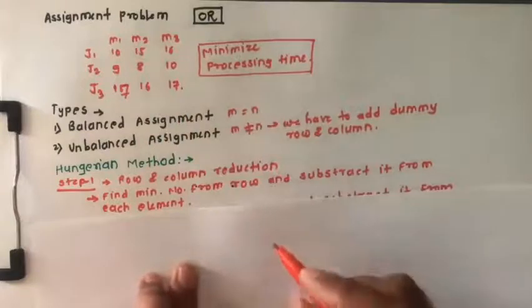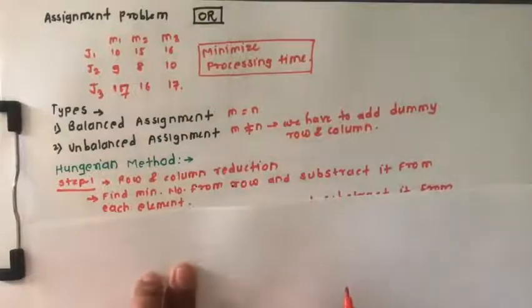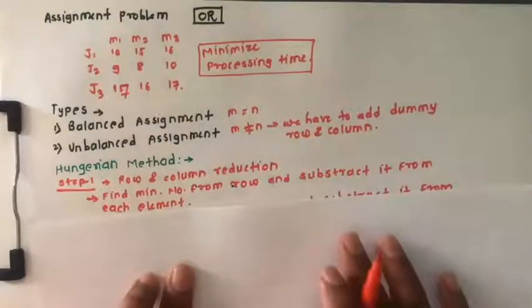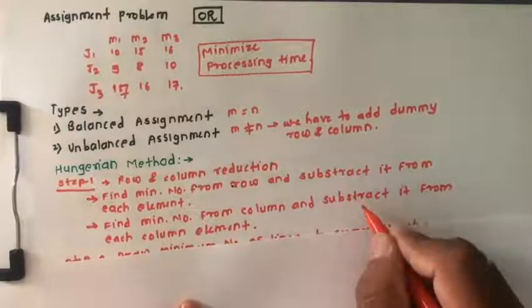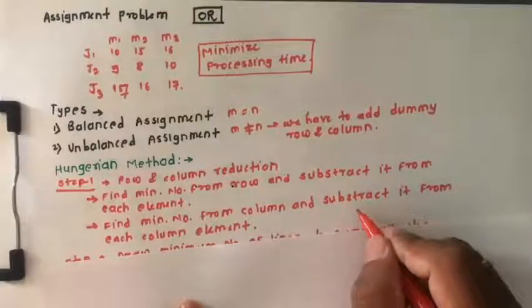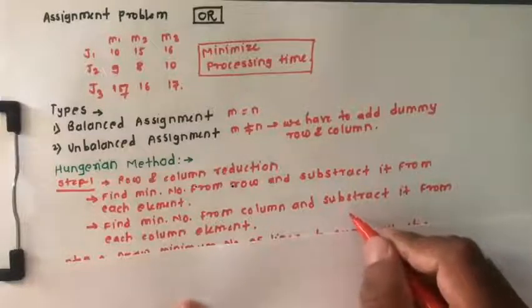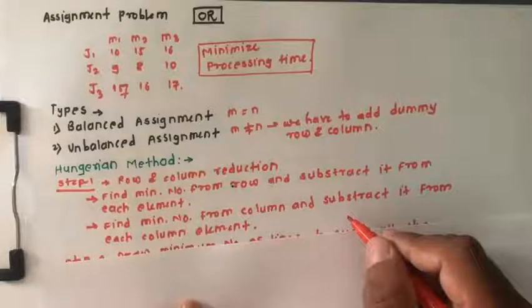So this is the first step for the row reduction. Now the second step is to find the minimum number from the column and subtract it from each element of the column. So this is the second step in the Hungarian method. So we will see during the numerical.